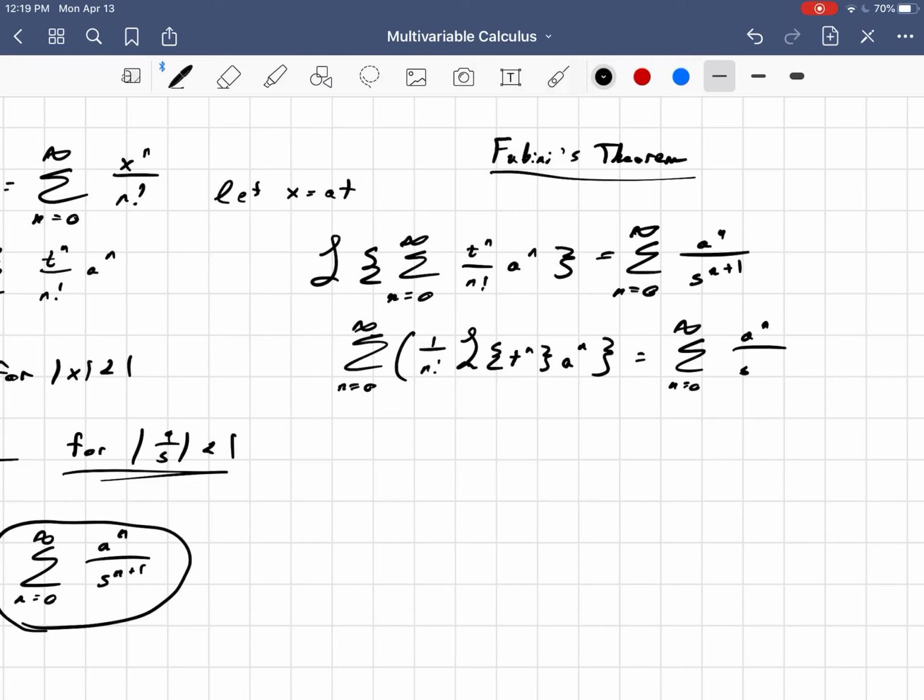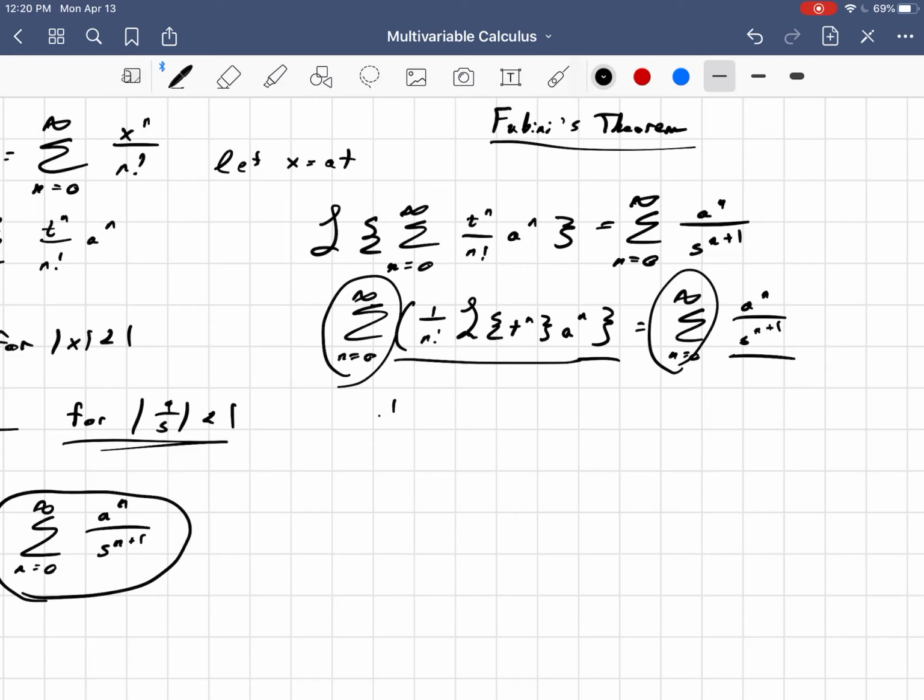So this is still equal to sigma n equals 0 to infinity of a to the n over s to the n plus 1. And now since these summations have the exact same bounds, what is being summed needs to be equal. If the two summations are equal to each other, then the nth terms need to be equal as well, because the bounds on the sigmas are exactly the same.